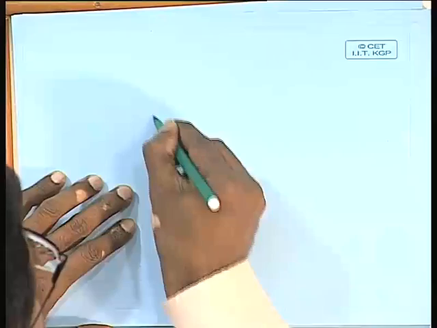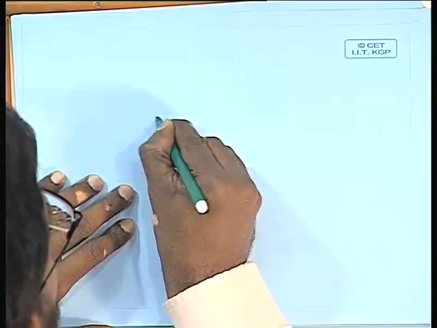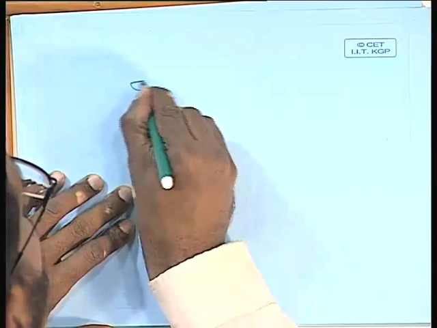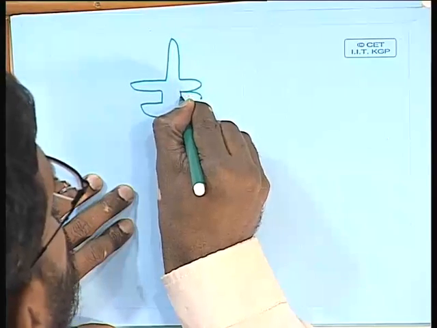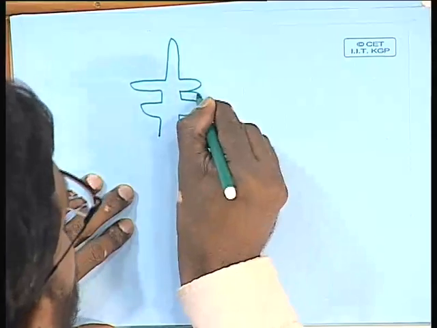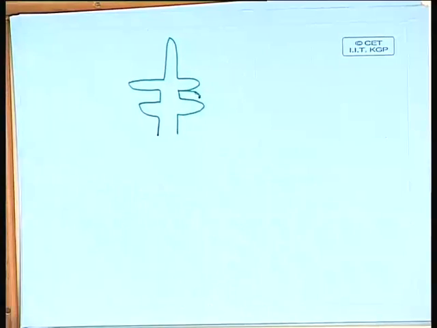That means if you look at a dendrite, this is like a typical dendrite.